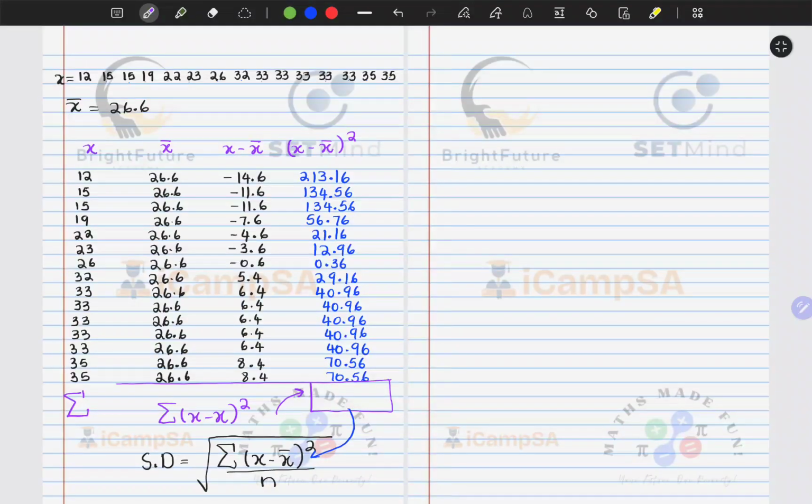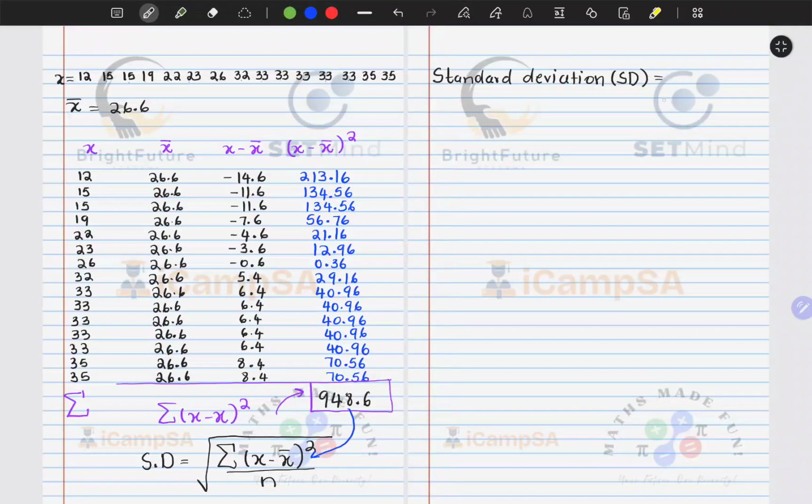If I sum up all the values that I have there, from 213.16 up until 70.56, let's find the sum. The sum that we end up finding here is 948.6. So we are now ready to calculate our standard deviation, which is SD.